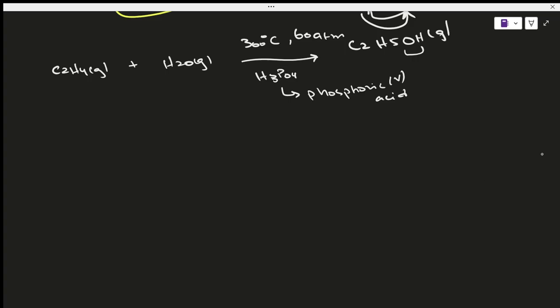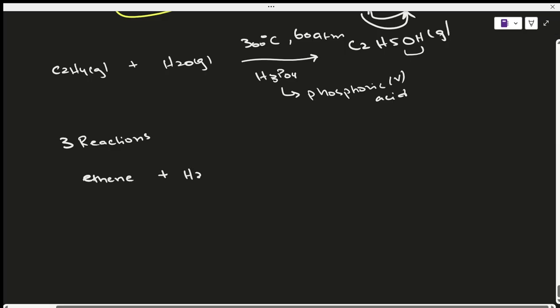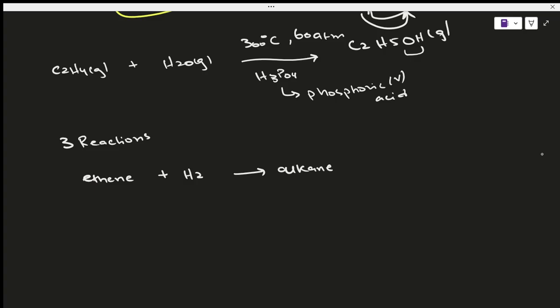reactants and products for the 3 reactions. For the first reaction, you start off with an ethene molecule, react it with hydrogen, and make an alkane molecule. This is going to make things easier to remember. This is in gaseous state, this is in gaseous state, and this is also in gaseous state.